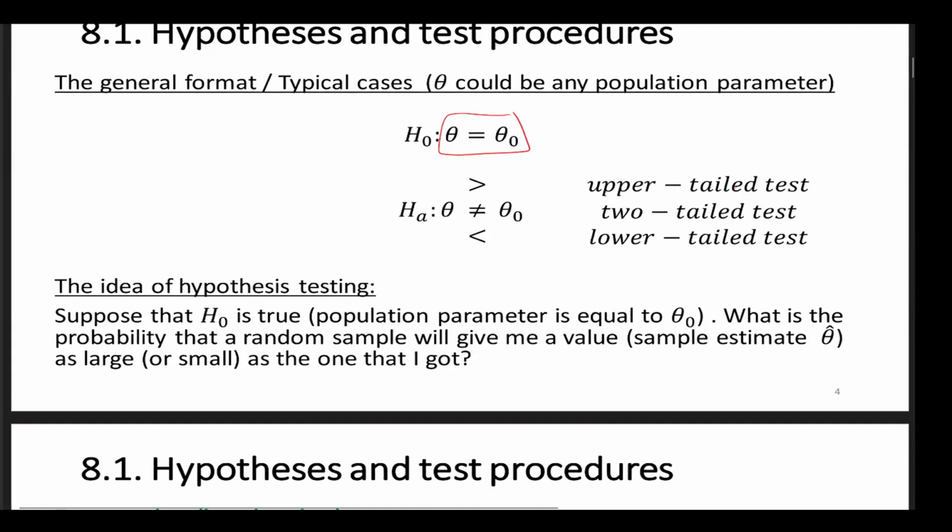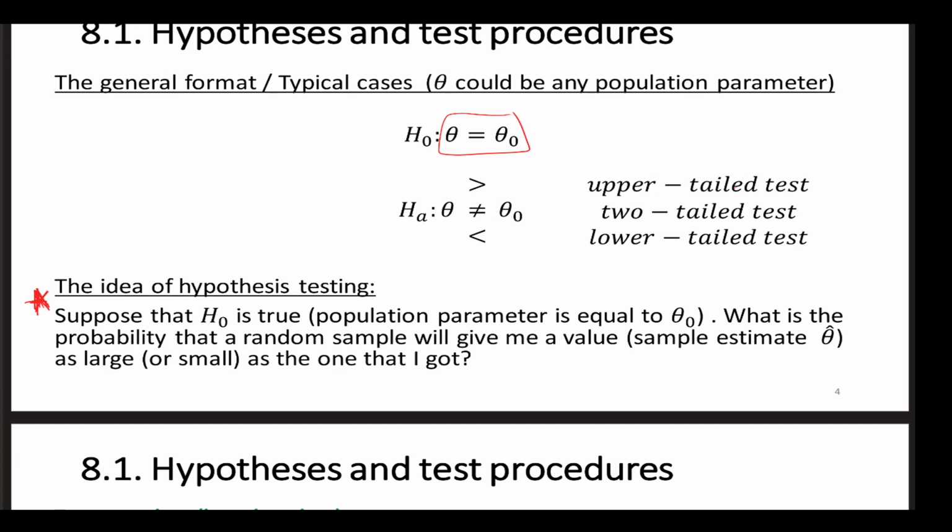So the idea behind hypothesis testing, I'll just read this. It says, suppose that H0 is true and the population parameter is equal to some given value, theta sub 0. What is the probability that a random sample will give me a sample estimate, theta hat, as large or small as the one that I got? The manufacturer claims the average amount is 10 ounces.